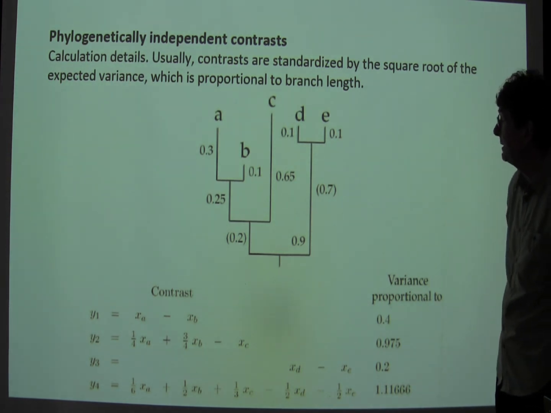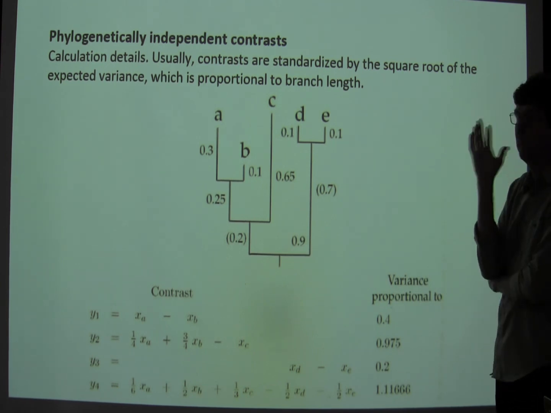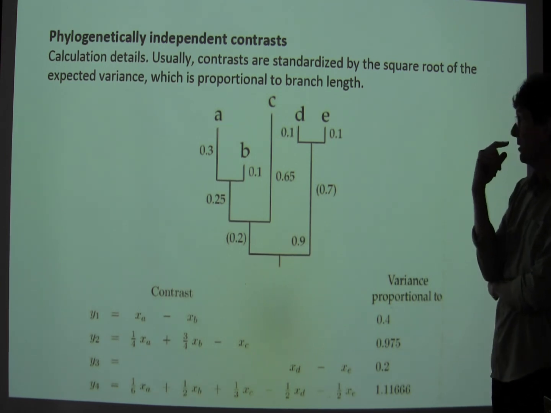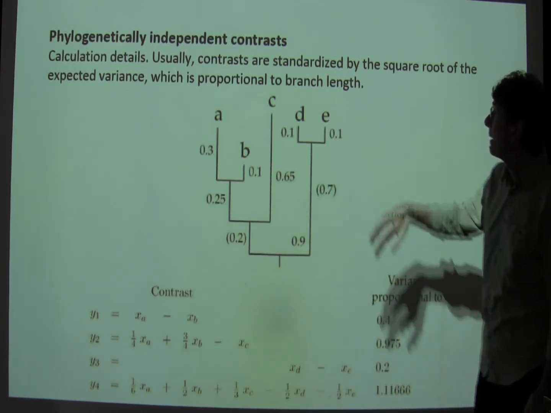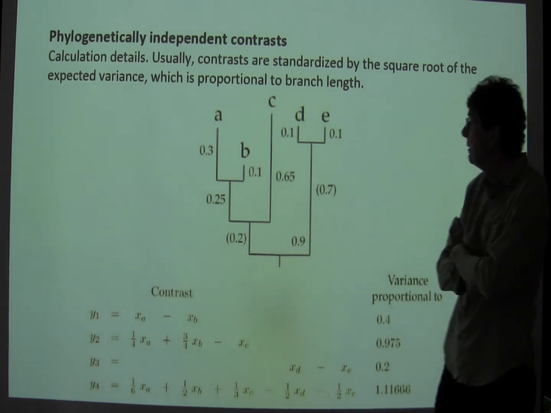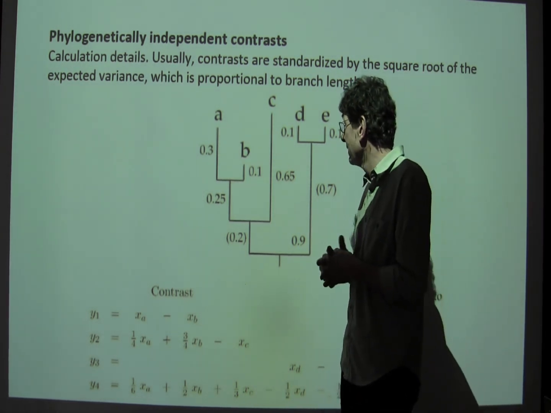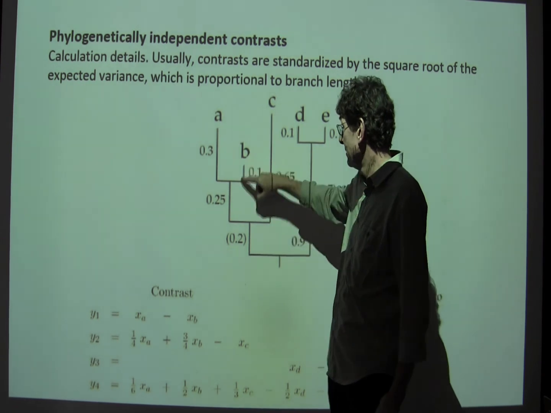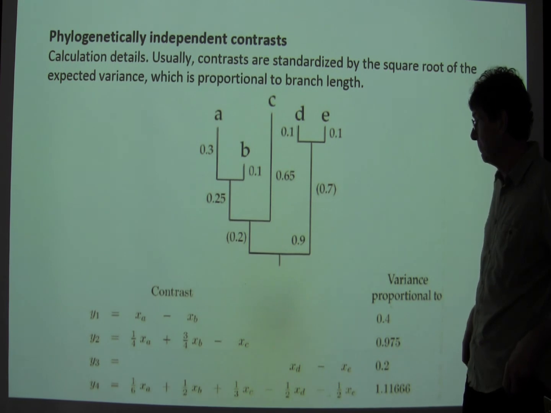And so Felsenstein presented the calculation details, and it's not that important. I'm not going to go into the details. He showed in this case for a phylogeny in which the branch lengths do not all meet at the tips, in order to illustrate that under Brownian motion, the expected variance of the difference between any two species is proportional to the sums of the branch lengths that connects them.